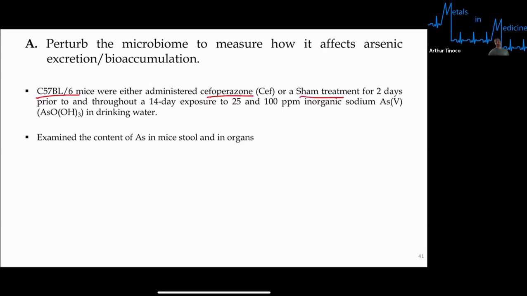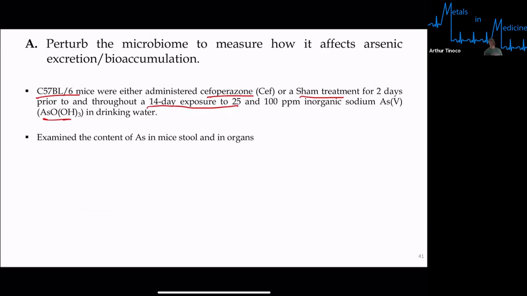Sham is basically your buffer solution, your background solution, that doesn't actually contain the antibiotic. They did this for 2 days prior to and throughout a 14-day exposure to 25 and 100 ppm inorganic sodium arsenate, the arsenic 5 form, in drinking water.